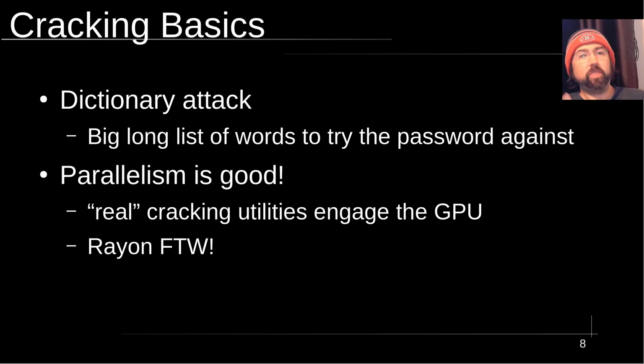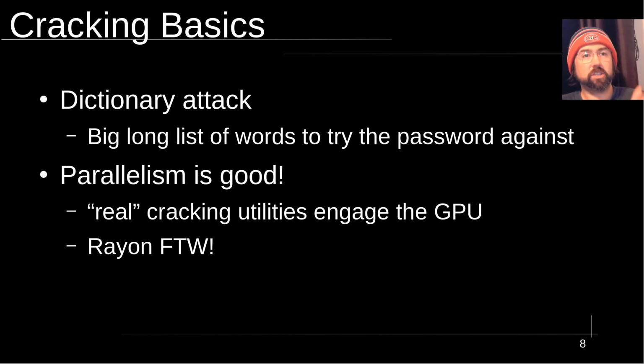You can get these word lists from the internet, based on passwords that have been cracked in the past and put in a big long word list, or other types of word lists. If you're running Arch, you can find word lists from the AUR in a package called wordlists, and that'll give you a whole bunch of different word lists that you can use for dictionary based attacks.